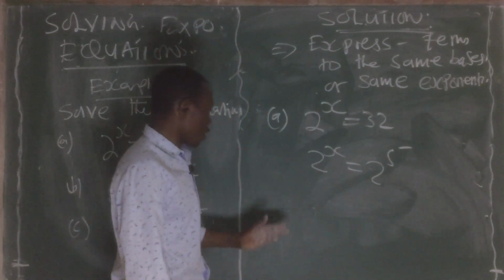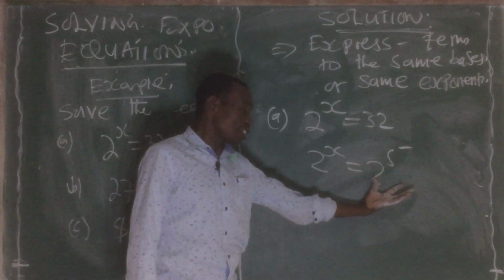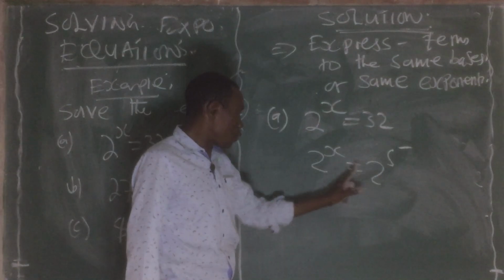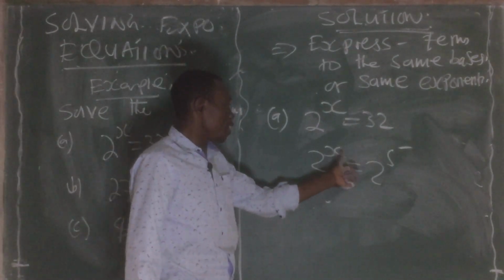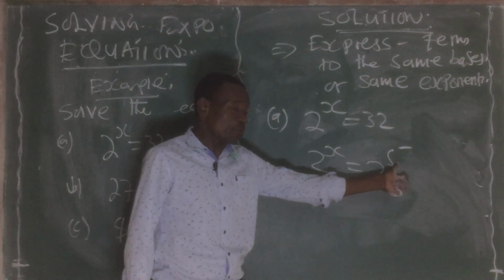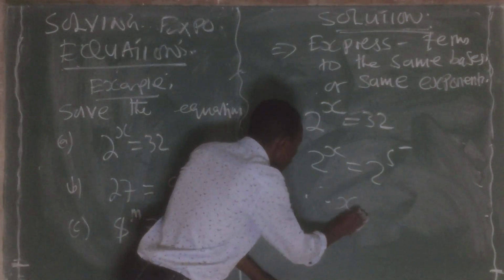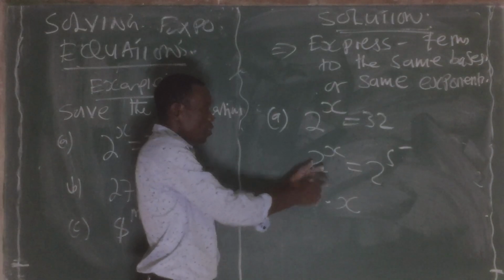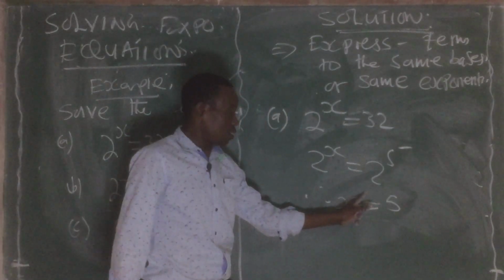So in an equation, as much as you say the left hand side is equal to the right hand side, and the terms are of the same base, there's no way you can avoid talking about the relationship of the what? Exponents. If bases are the same, then obviously the exponent on the left hand side, which is x, must be the same as the exponent on the right hand side.